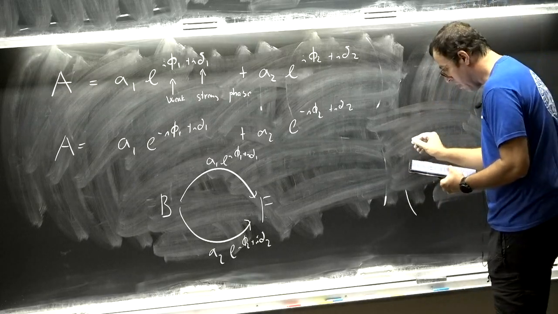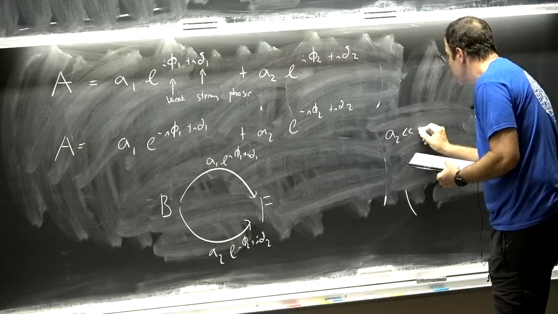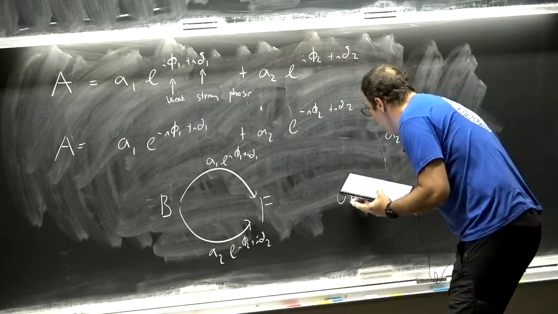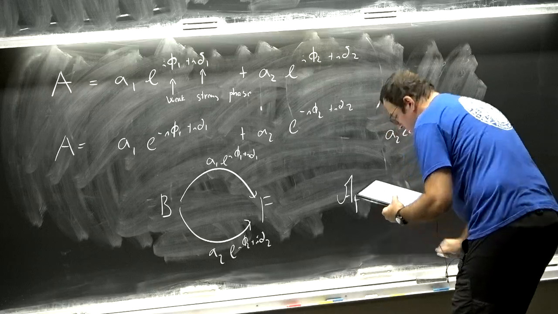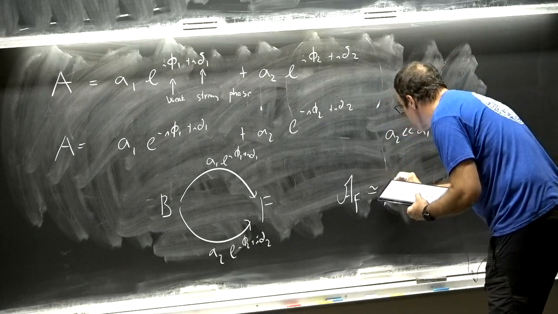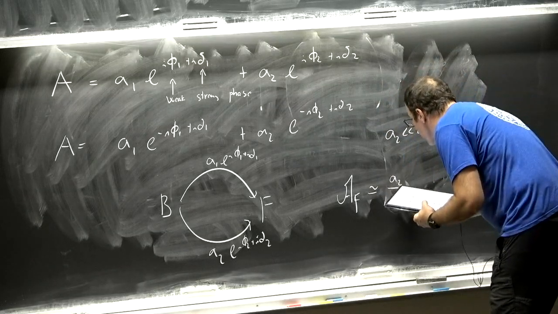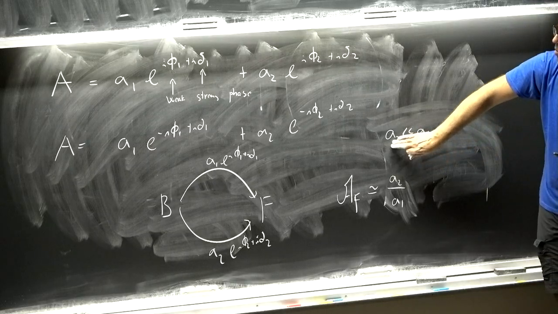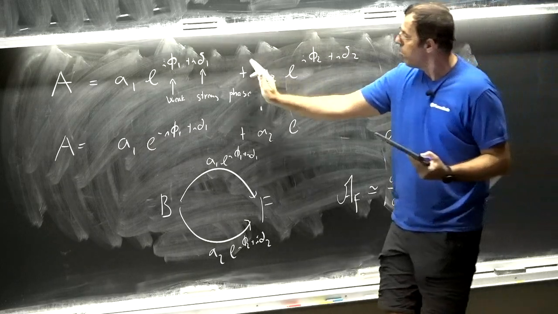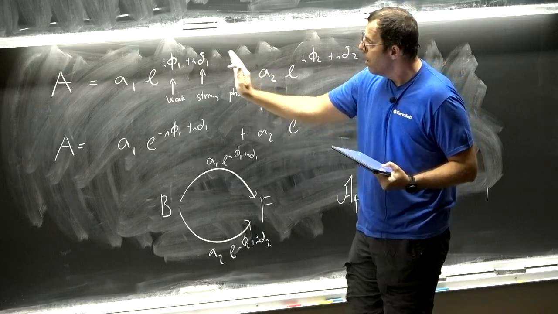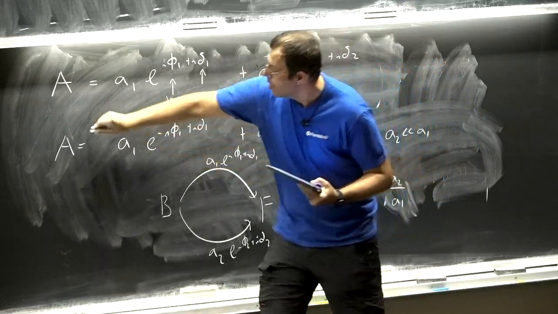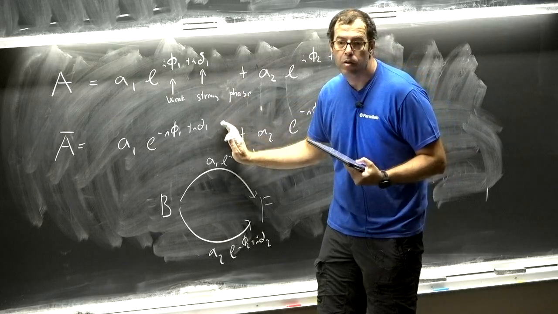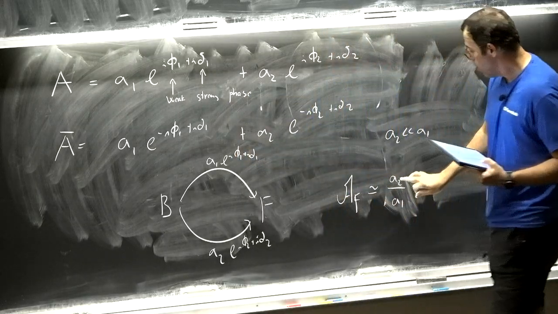In the limit of one of the two being small, just so that it's easier to talk about, then the CP asymmetry goes as A2 over A1. It has to go as the smaller of the two, because if I completely set A2 to 0, then the absolute values are the same for the two matrix elements. All right, so it has to go as the smaller of the two.